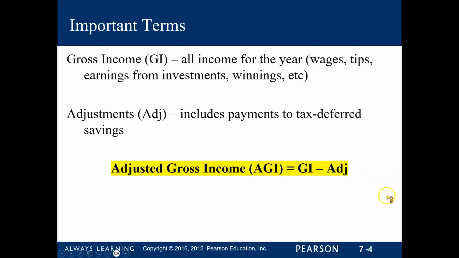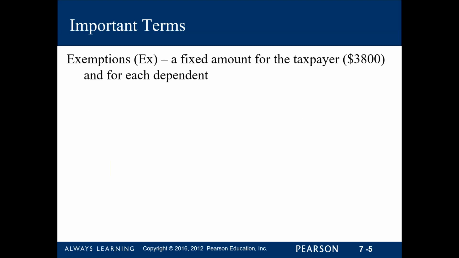Now, for us to be able to get the taxable income, there are two other things that we need to remember as well. We have what we call exemptions, which we will represent as EX. This is a fixed amount for the taxpayer and for each dependent. In reference to this lesson, we are using the 2012 marginal tax rates.